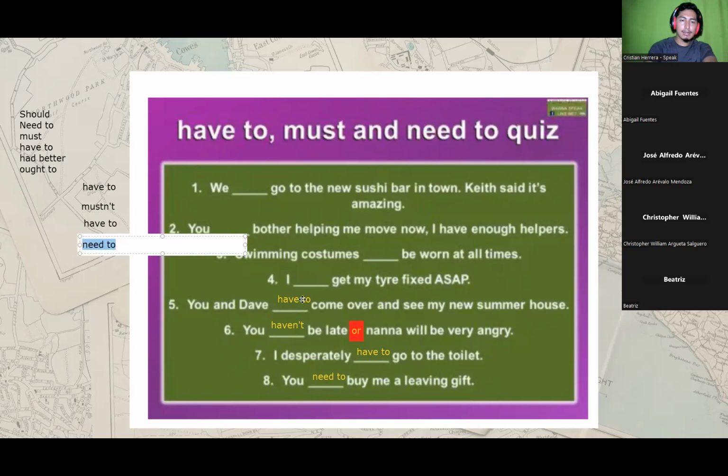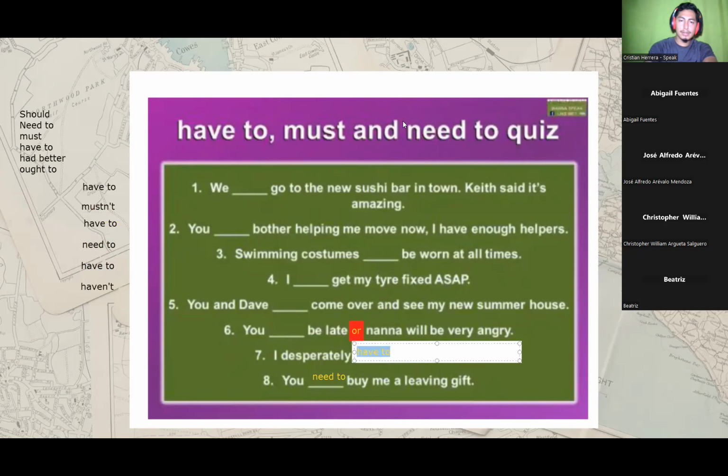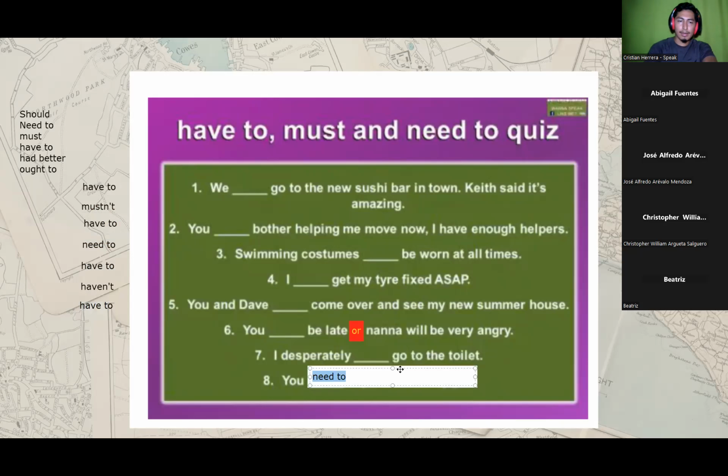So give me a second. I'm gonna move it. Number 6. Move it. Number 7. Move it. And number 8, and we have to move it. Okay. There you go.